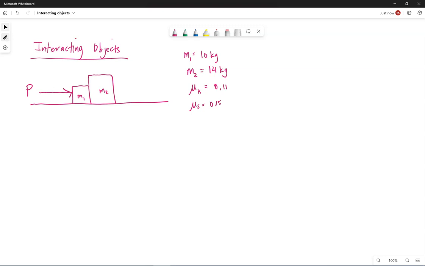I'm calling it P. Let's first find what force is required to get the boxes moving.